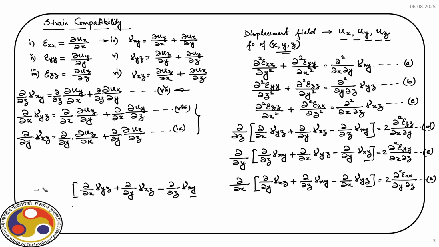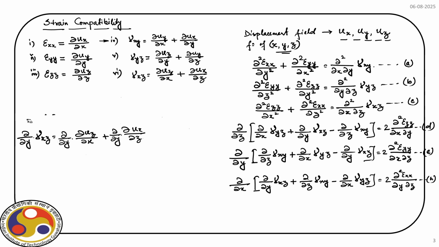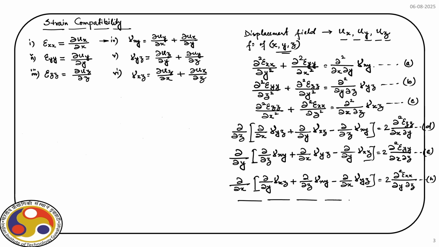So, altogether these 6 equations are the strain compatibility equations. Now, you see we have the forward problem again. If we start from the displacement field, then forward problem is the strain components that we can easily evaluate.